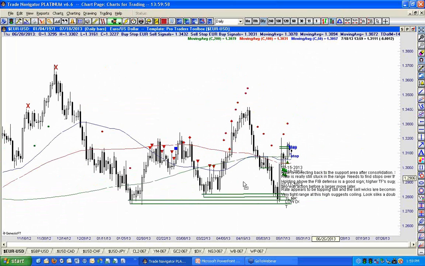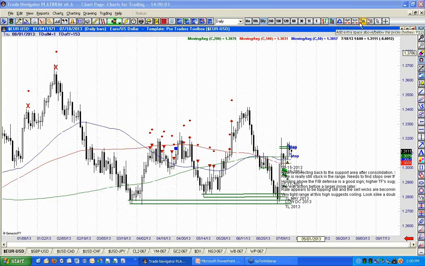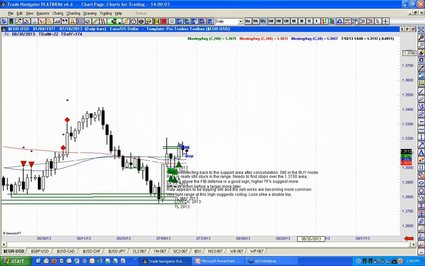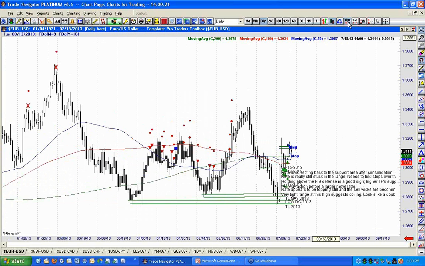Kind of hard to see because of my notes here, but if you look right here, let's open this up a little bit. These are stacked signals right here. A stacked signal is when you get a strong trend and a regular trend on the same bar. We'll also get those on reversal patterns, but those are not as common.